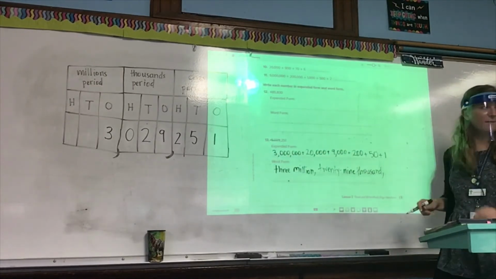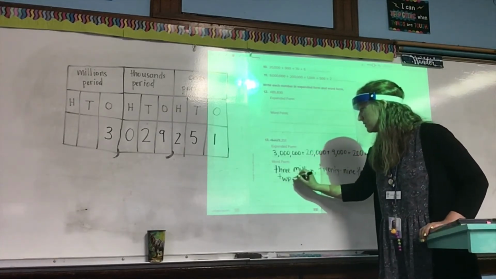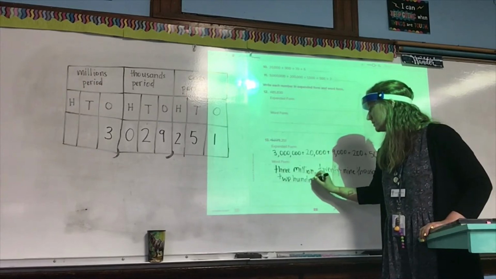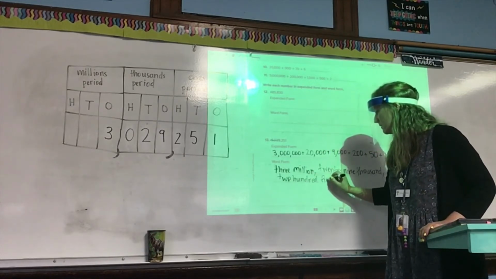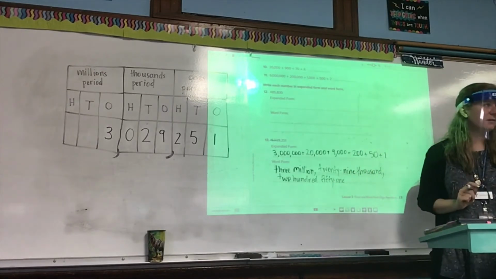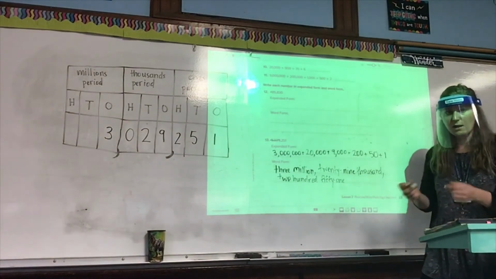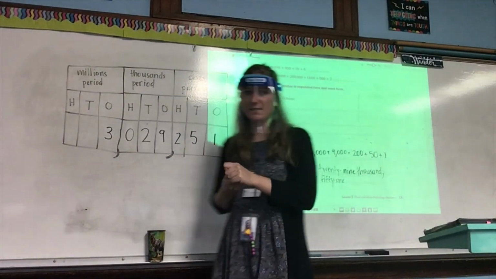And then we have what? 251. Do we write the name of the ones period? 251 ones. No, we don't. Okay, very good. Everybody with us.